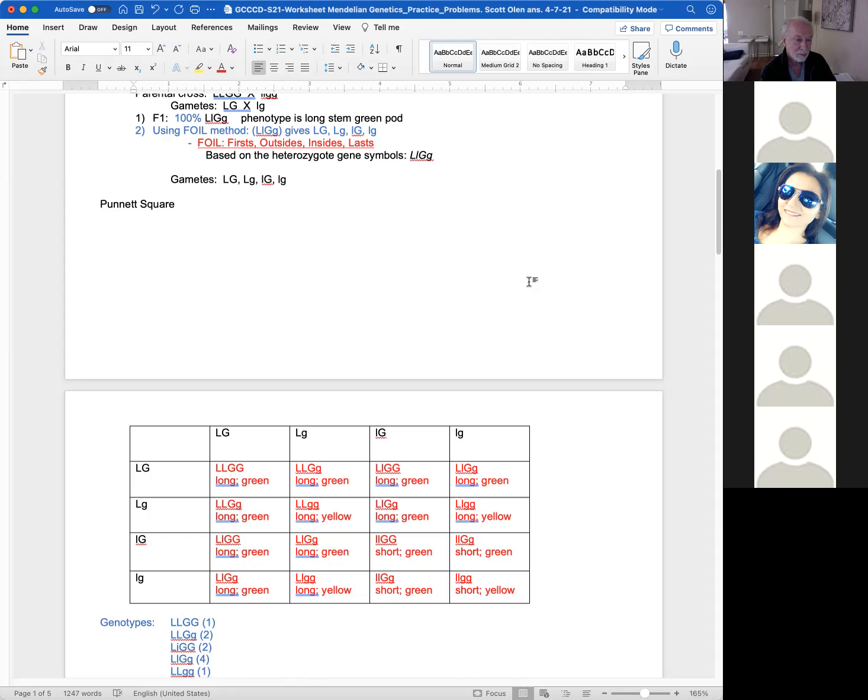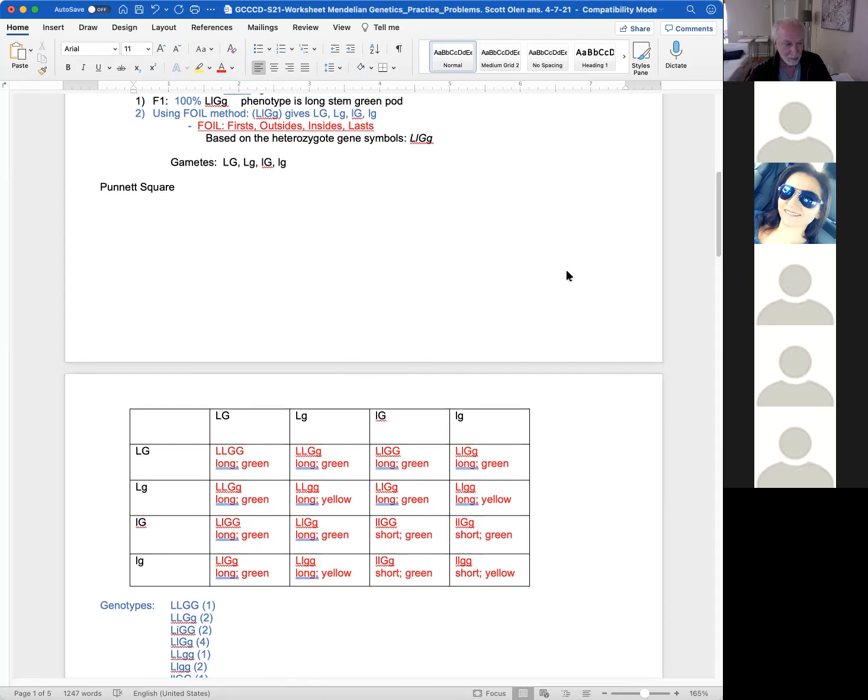We need to know all those gametes because we have to compare. Since we're crossing two heterozygotes at both loci, each one of them can produce this particular set of potential gametes. Therefore, we have 4 options for each parent, and this leads us to a 4x4 or 16 square Punnett square. They're no different than the small ones. It's just we have to make them a little bit bigger.